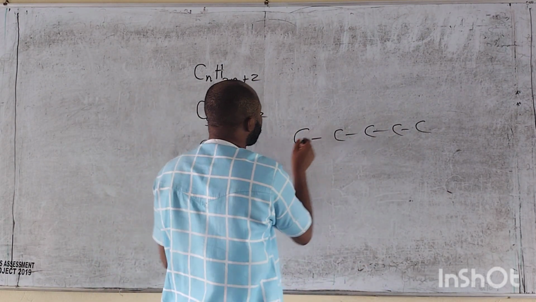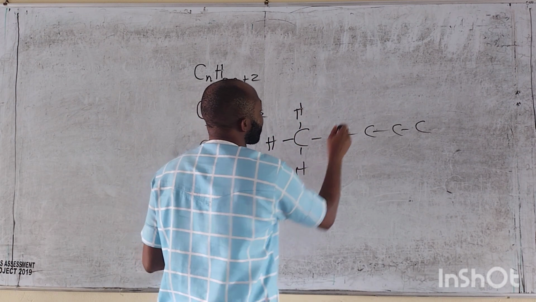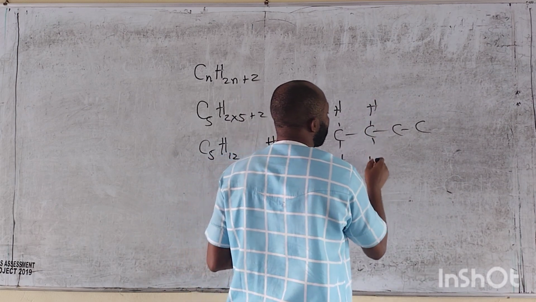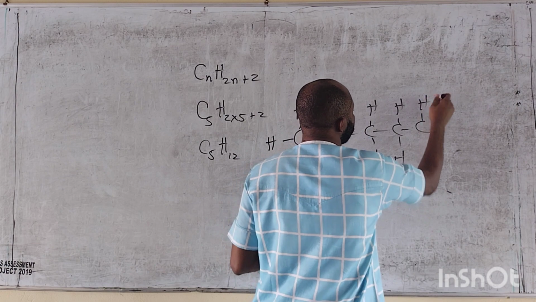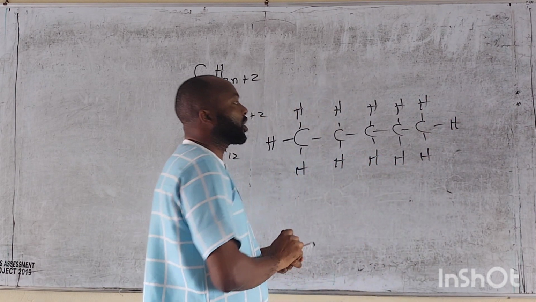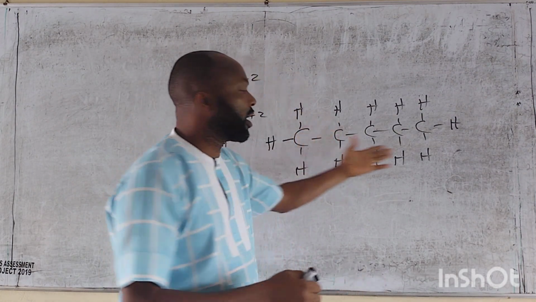So if I put my hydrogen surrounding it, 1, 2, 3, 4, 5, 6, 7, 8, 9, 10, 11, and 12. So this is correct because the number of hydrogen atoms is equivalent to what the formula requires.